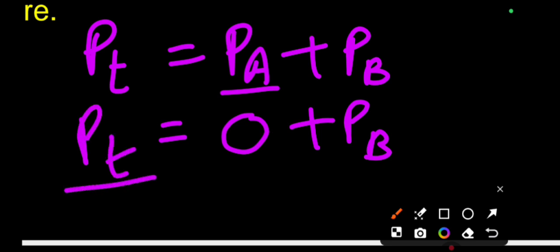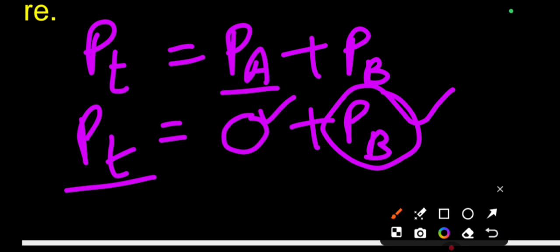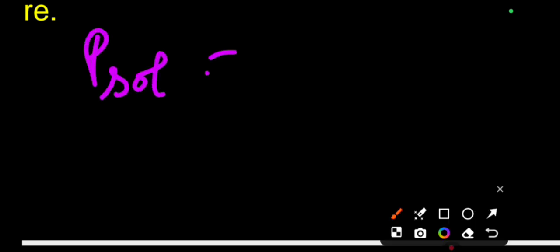Now the total pressure exerted by the mixture is only because of the pressure exerted by B. Why is it not because of A? Because it is non-volatile. So we have to consider only the one component in the mixture to get the total pressure. So total pressure we can represent in terms of P solution also, and it is equal to PB.